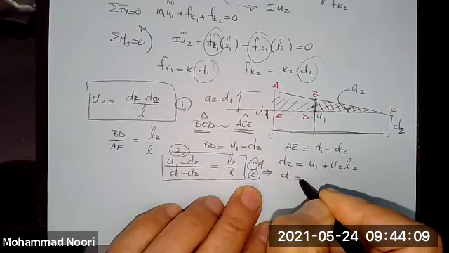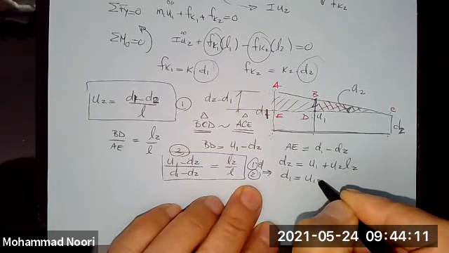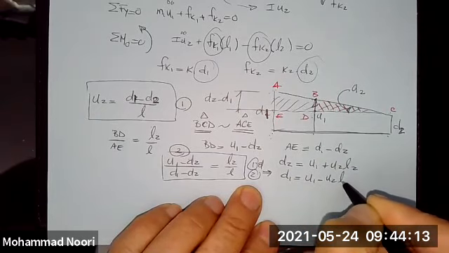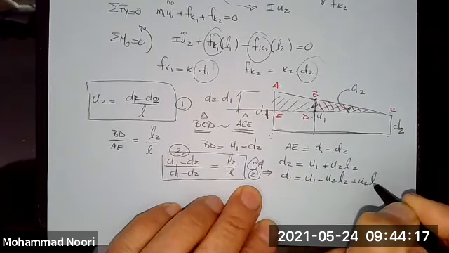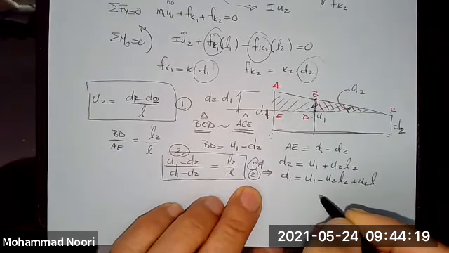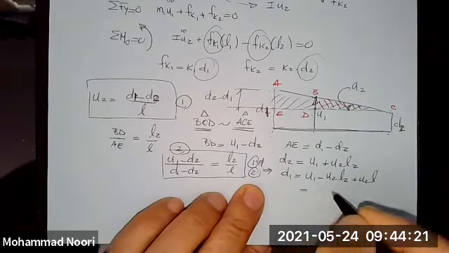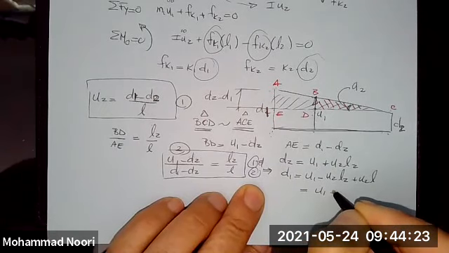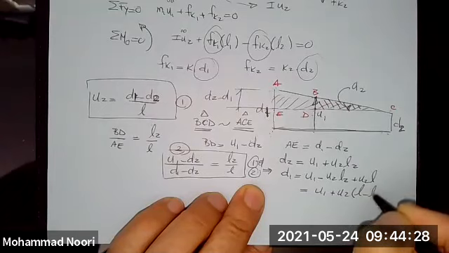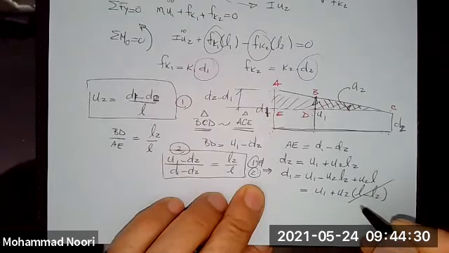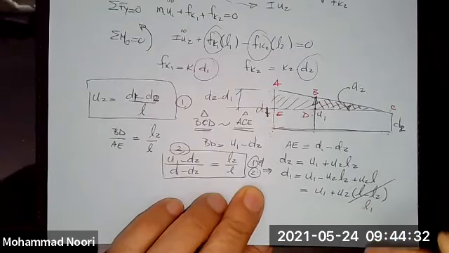D1 comes out to be U1 minus U2 L2 plus U2 L. So I can simplify this, it becomes U1 plus U2 times L minus L2, and this is L1.